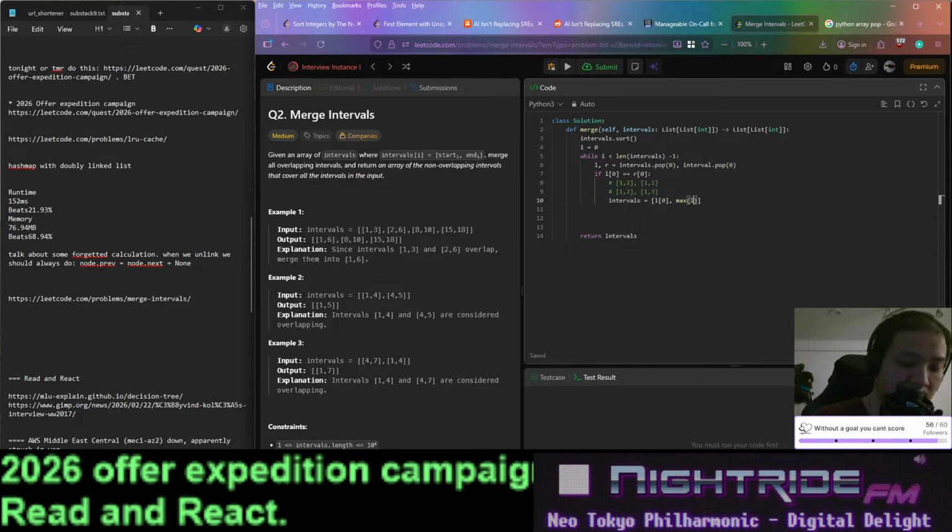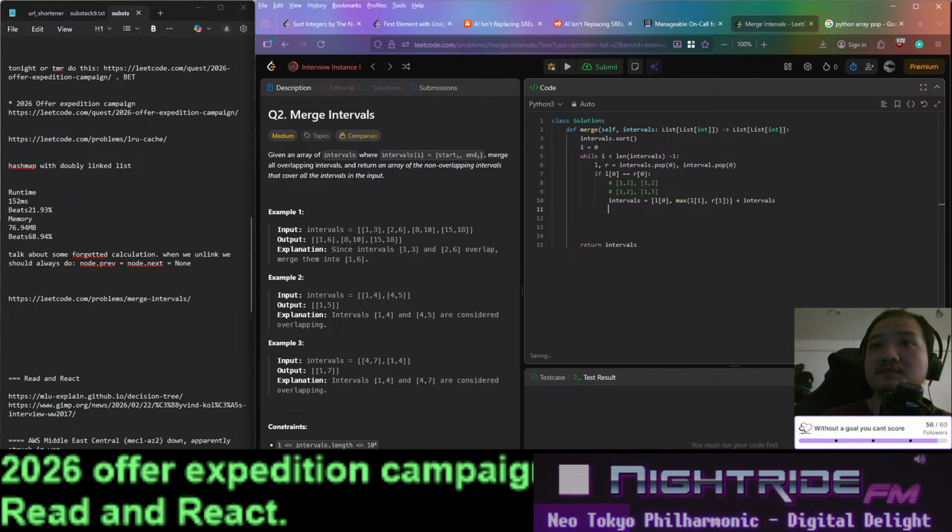Max of the rights, plus interval. Because we can merge, i plus equal 1 — we pop two out and we get the new one. So i stays the same.